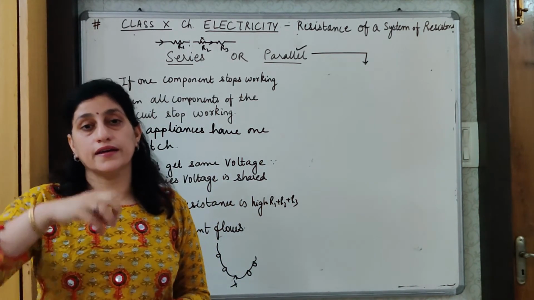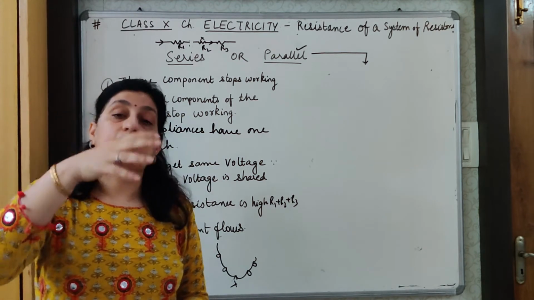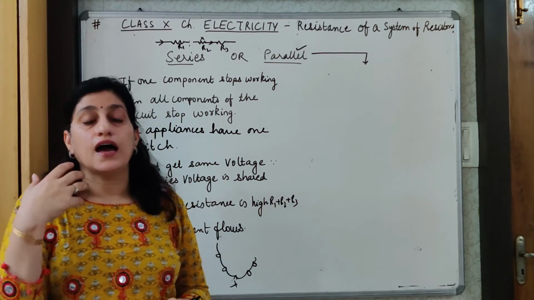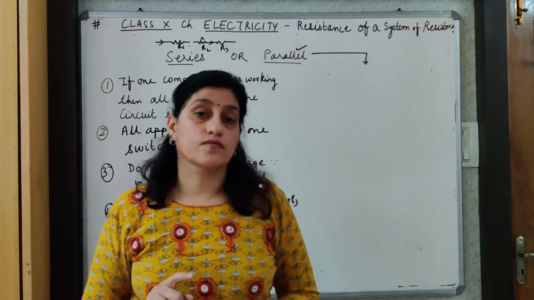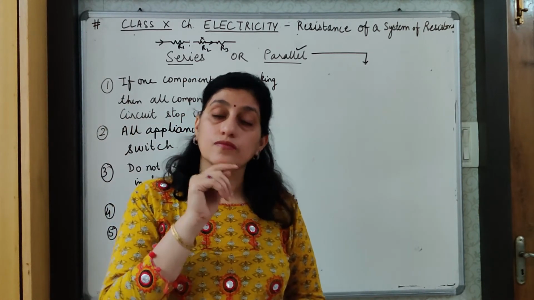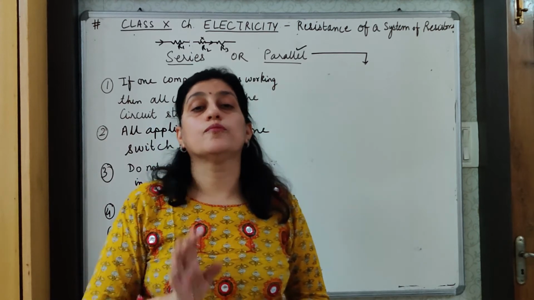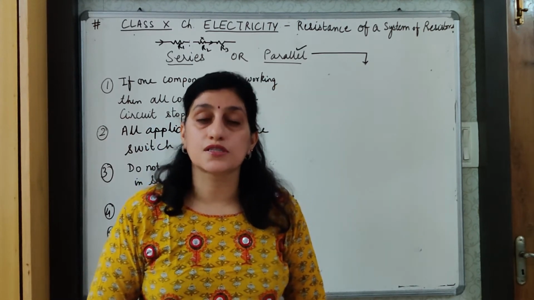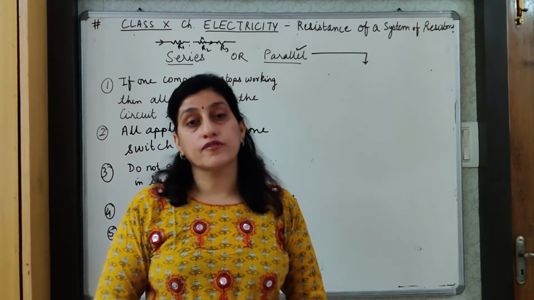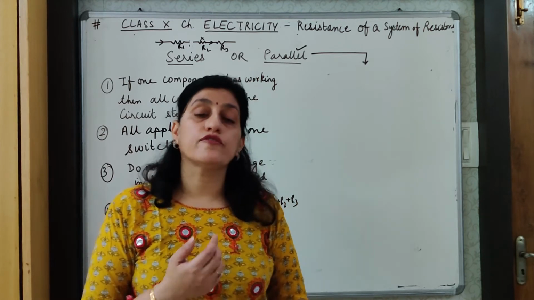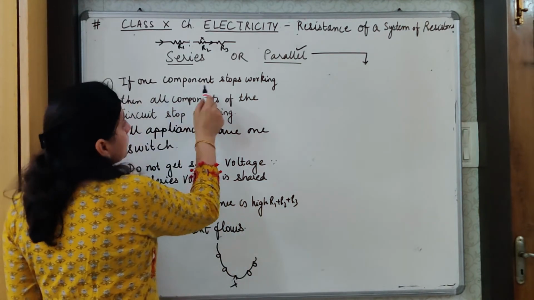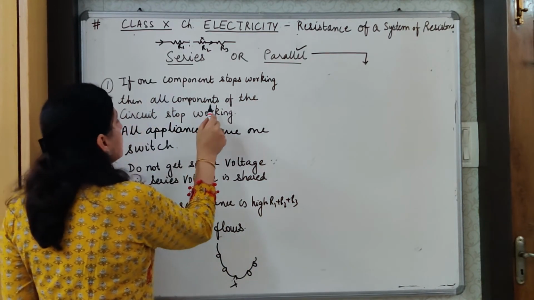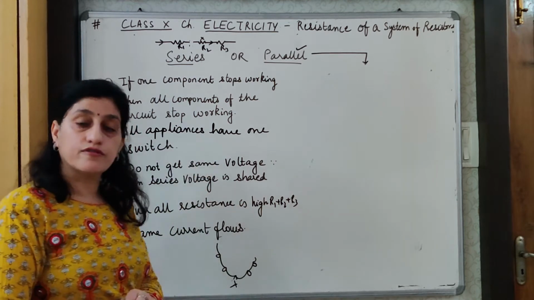Say in a room I connect the two lights, television, fan and maybe one socket for charging, all in series, and the bulb fuses. Then all the other components will also stop working because they are in series and the flow of current has stopped. Therefore, series circuit is not preferred. If one component stops working, then all the components of the circuit stop working.